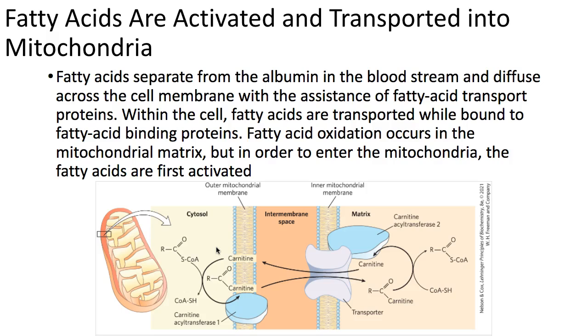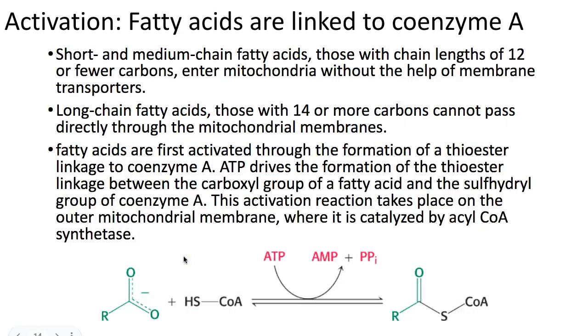And so we'll break this part down: how this fatty acid, first of all, gets activated by being attached to this coenzyme A. And so what happens is it goes through this enzymatic activity called the acyl coenzyme A synthetase.